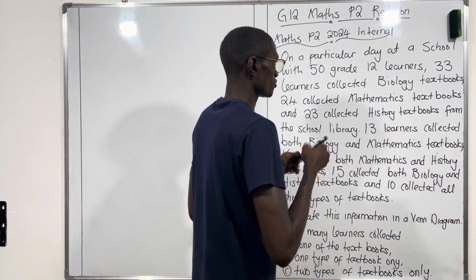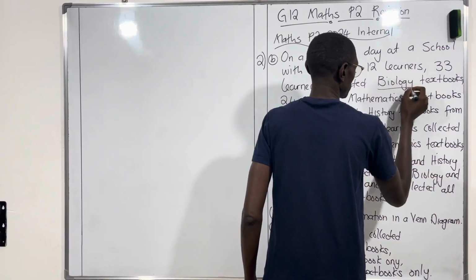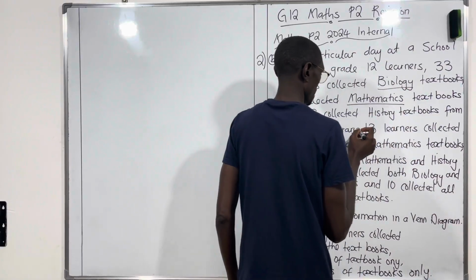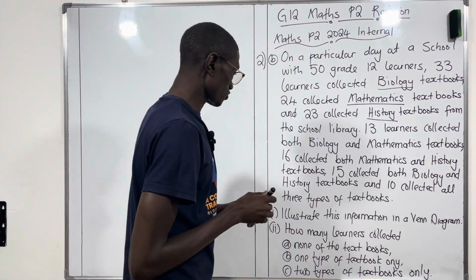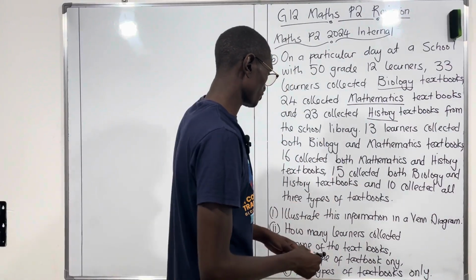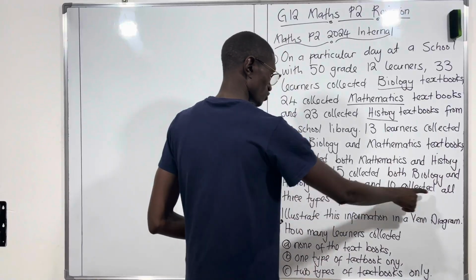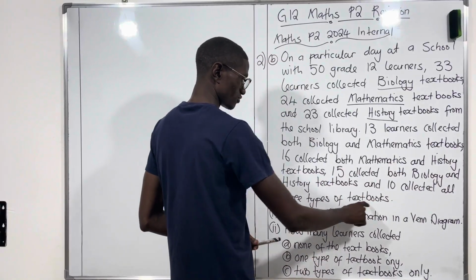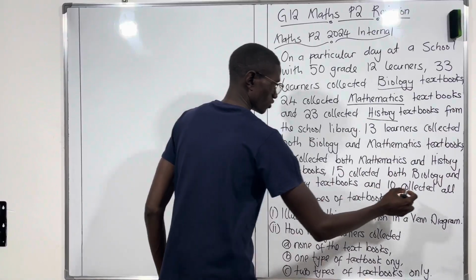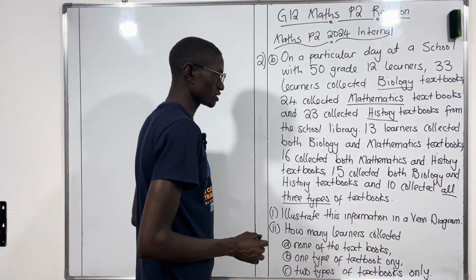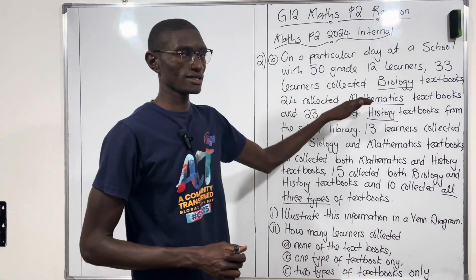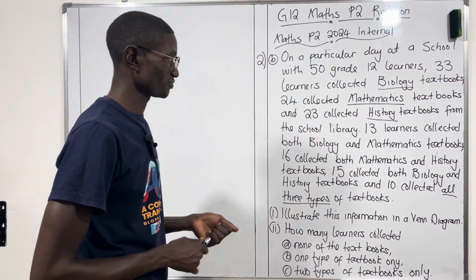Okay, so we have three sets: biology, mathematics, and history. Because 10 collected all three types of textbooks, meaning these three sets have a common intersection.